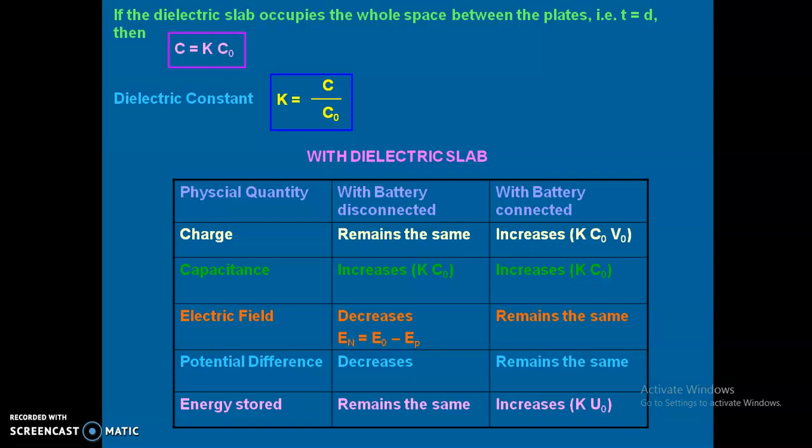These topics, the electric polarization vector and the capacitance of a parallel plate capacitor when a dielectric slab is placed, and the relation between C and C naught in terms of K, right? So revise all these things, revise electrostatics thoroughly, be in touch with electrostatics.